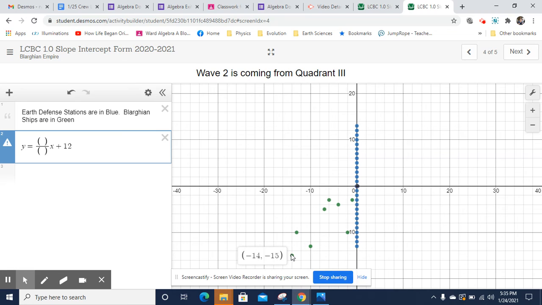I will use negative 14, negative 15. So 12 is my y value up there. So I'll say 12 minus, and my y value at this point is negative 15. 12 minus negative 15. And if you prefer to call that 12 plus 15, that is totally fine.